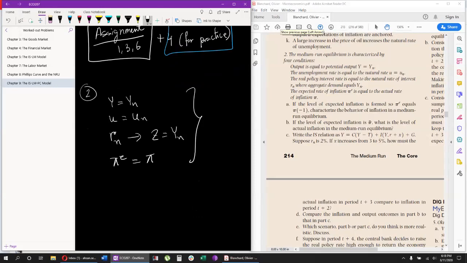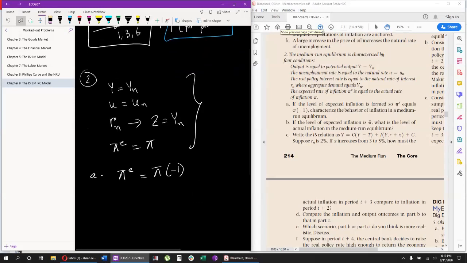There's nothing new here. So the first part of the question is, if the level of expected inflation is formed so that inflation expectation is equal to inflation of the previous year, or another way of writing this is expected inflation of period T is equal to inflation from the previous period.